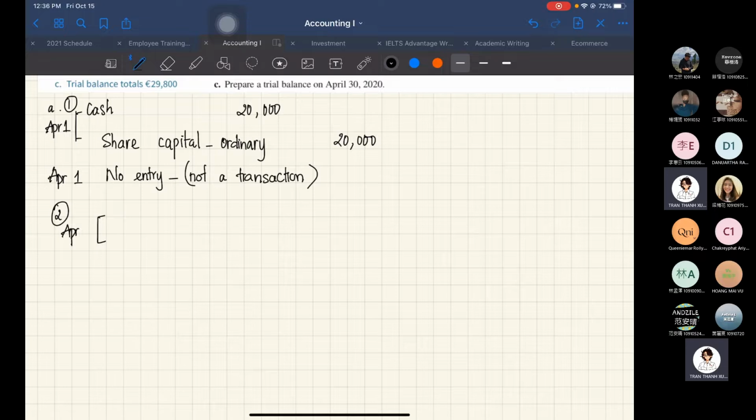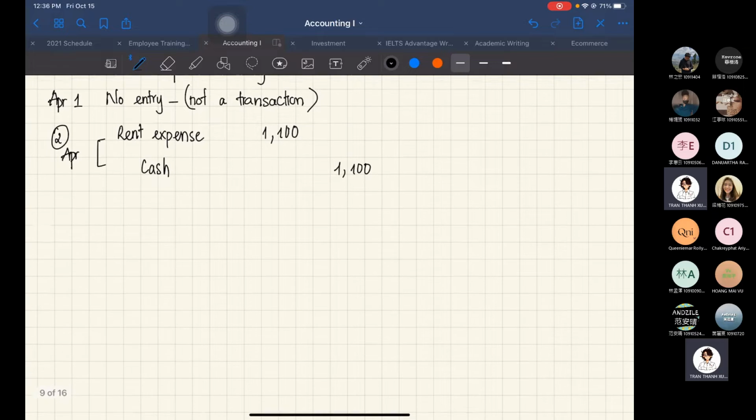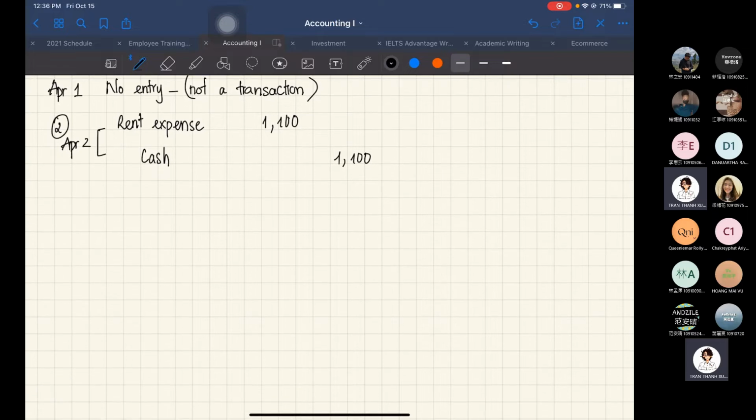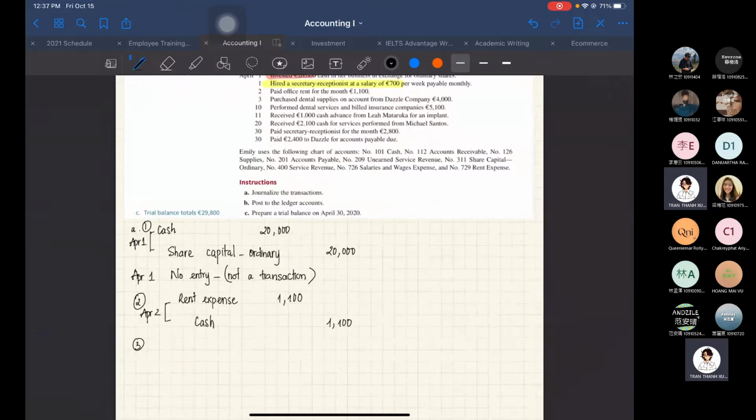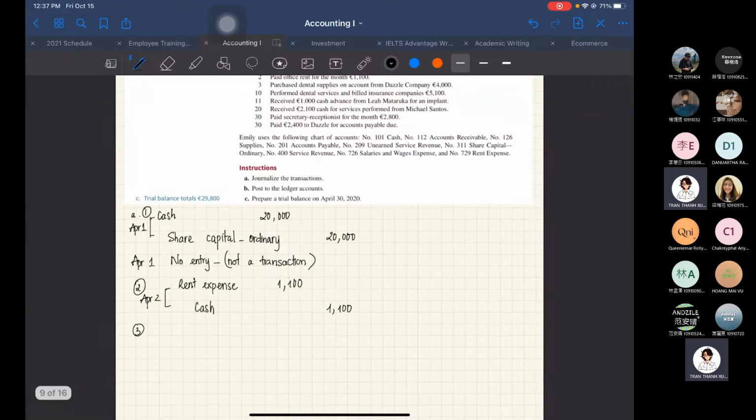So the second one, okay, third, purchased dental supplies on account.